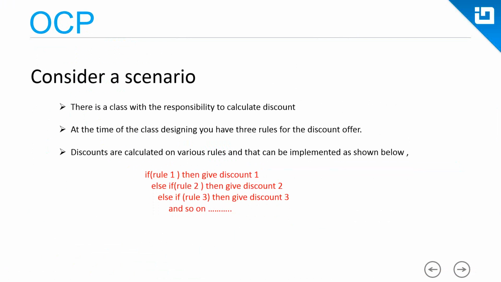Right now you may have only three rules, and you can write them using if else if conditions, but probably in future more rules will come in the business. So if a new rule is coming in the system, you'll go and add a new else if in the above code. Agree?